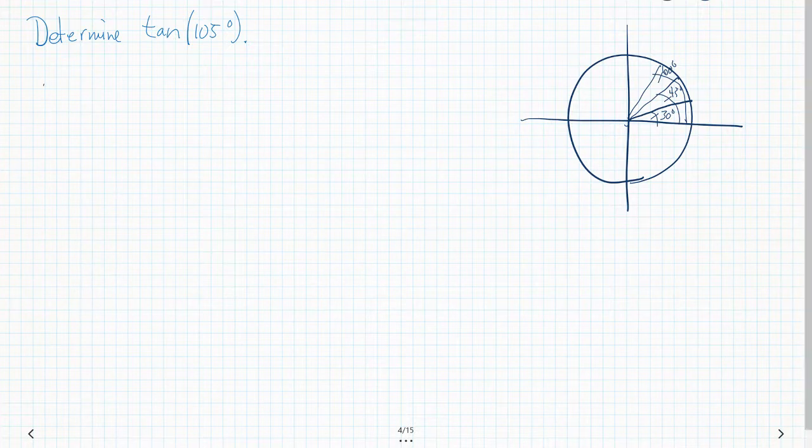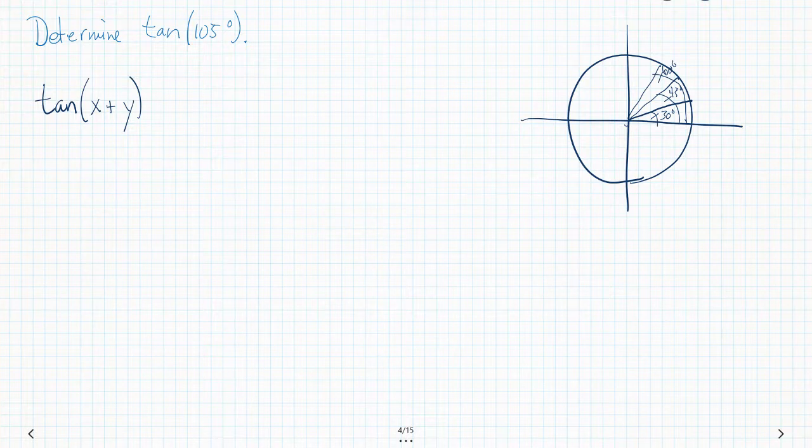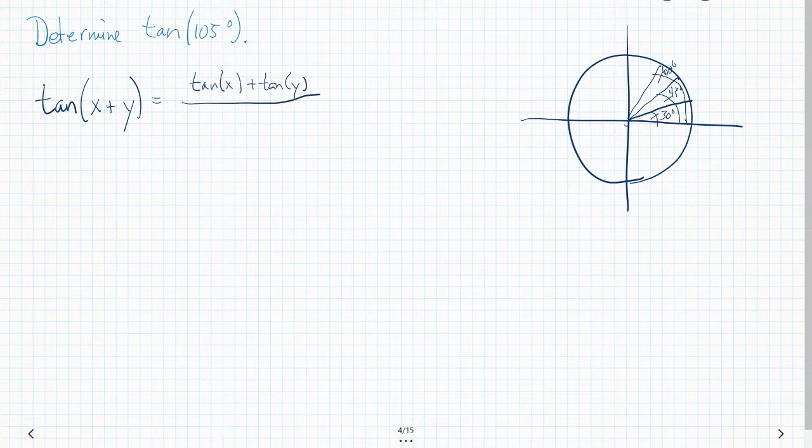So I'm going to work with plus 1 again. I don't have to, but if it ain't broke, don't fix it. So we'll work with tangent of x plus y. Everything's in the first quadrant, so we won't have to worry about too much there. So tangent of x plus y, we talked about this. This is tangent x plus tangent of y, and then what's the other one?